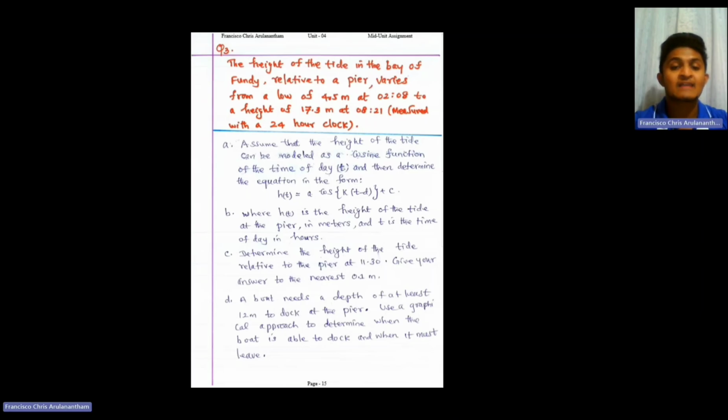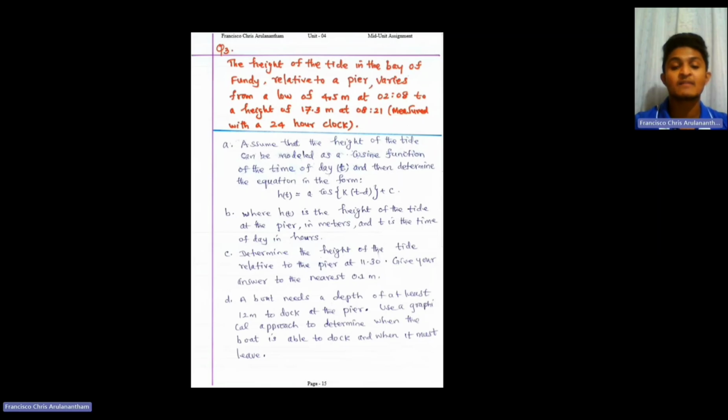Part A: assume that the height of the tide can be modeled as a cosine function of the time of the day t, and determine the equation in the form h(t) = a cos(k(t − d)) + c. Part B: where h(t) is the height of the tide at the pier in meters and t is the time of the day in hours.